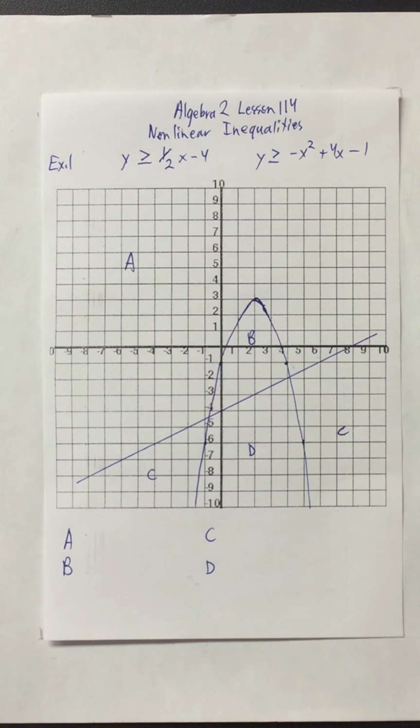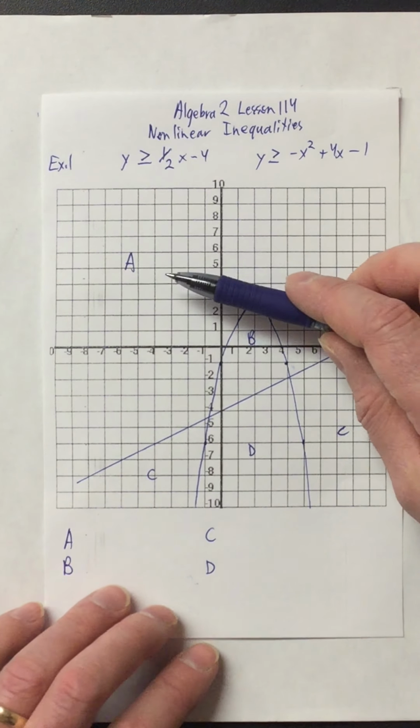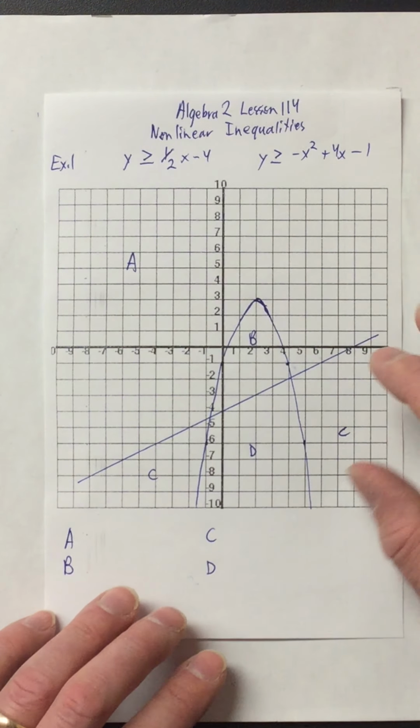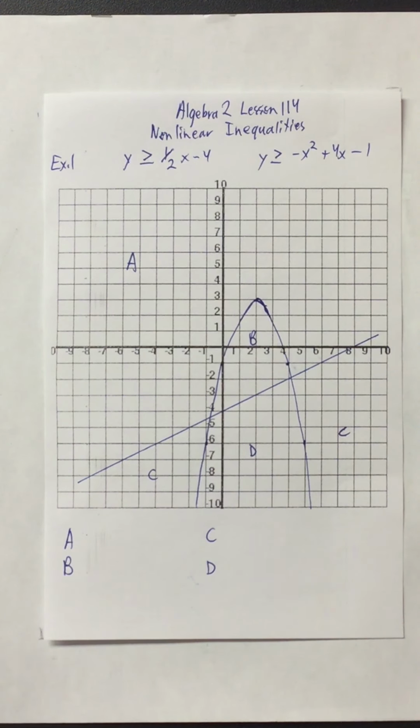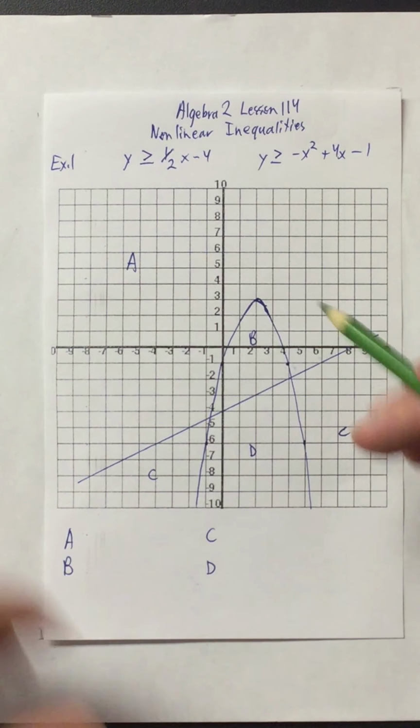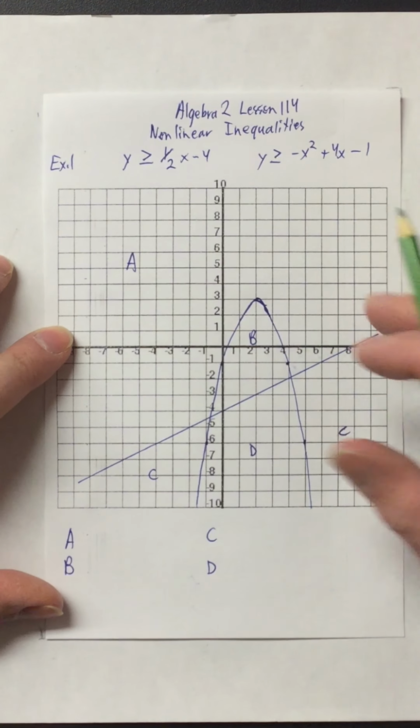All right, so if we consider those two graphs, it splits our graph into 4 different spots. I grabbed some colored pencils to show you those spots.